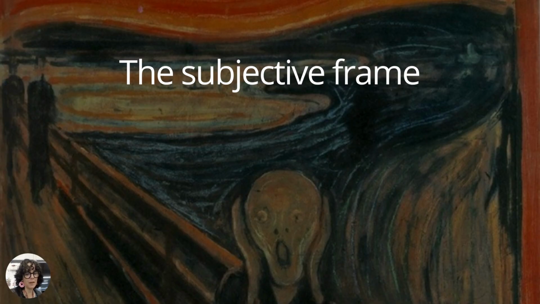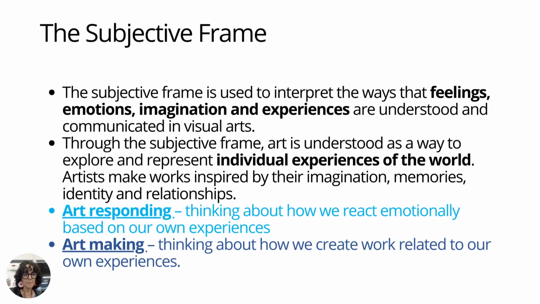So the subjective frame. We'll start here because it's really the first frame that anyone ever uses to respond to artworks, and it's pretty much one of the easiest ones. These are the notes that you want to be writing down. You can summarize and simplify them, but essentially the subjective frame is thinking about artwork from a subjective point of view.